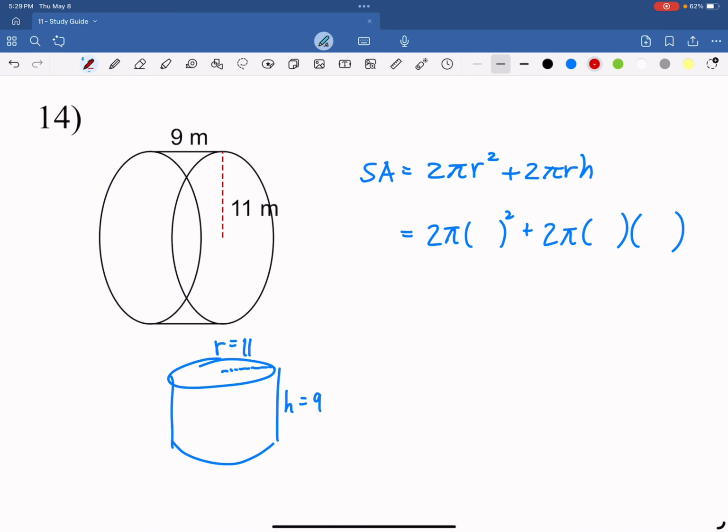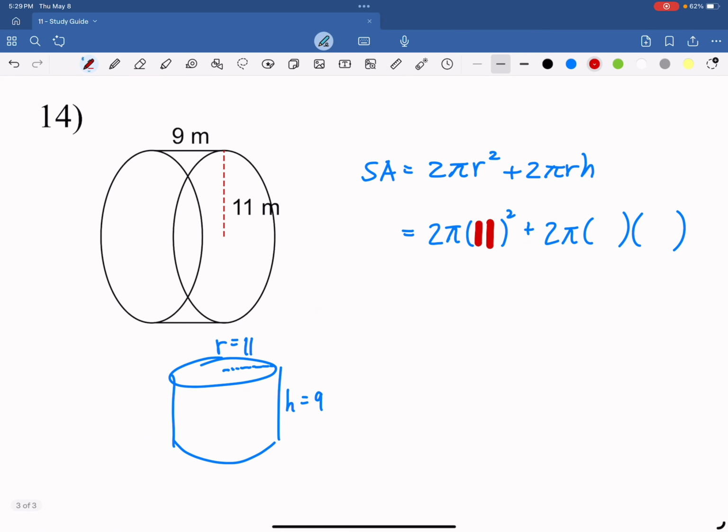This is going to be, if we plug in radius, again, don't mix up the radius. You have to plug in radius where the radius is. And then the height is going to be 9. My hope is that you know how to simplify these. This should become 2 pi times 121 plus 2 pi times 99.